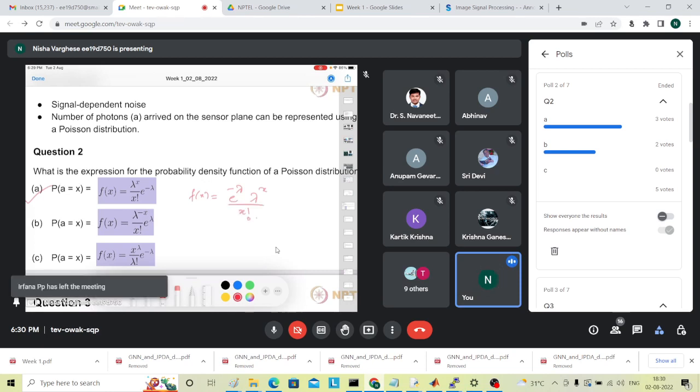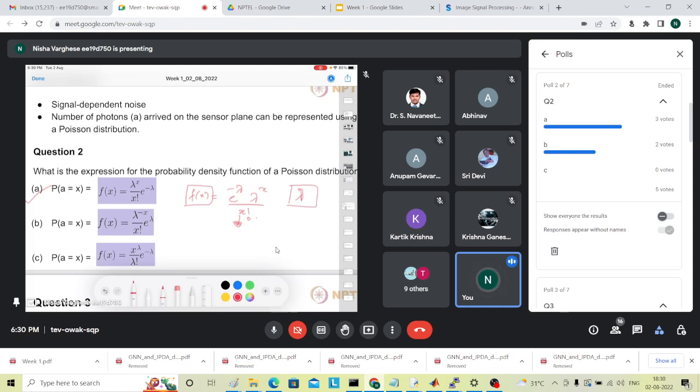So what does this PDF indicate? If lambda is the average number of photons arrived, then in bright light conditions lambda will be very high, so the average number of photons arrived on the sensor plane will be very high. But in low light, lambda will be less. If we know lambda, we can represent this probability distribution, where x is the number of photons arrived.